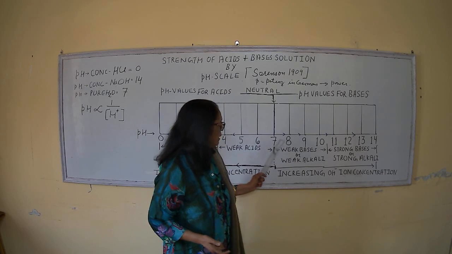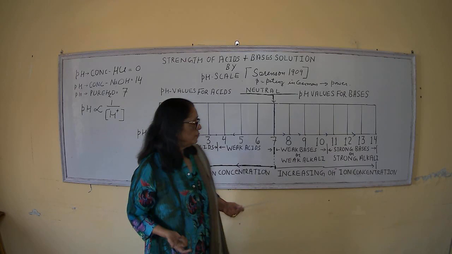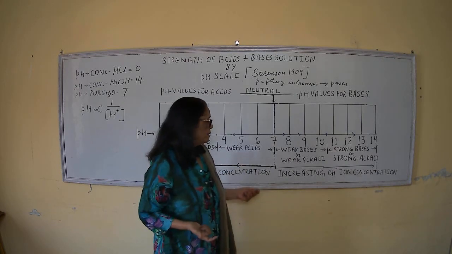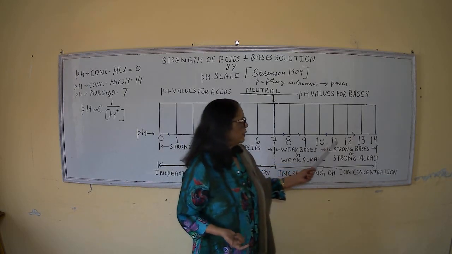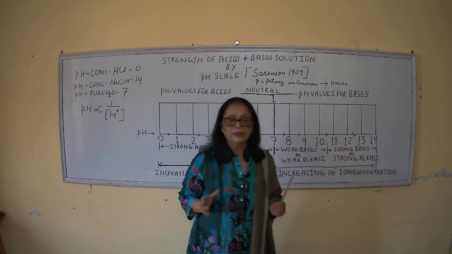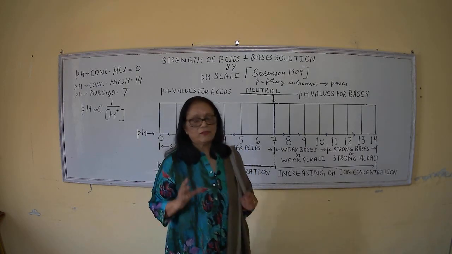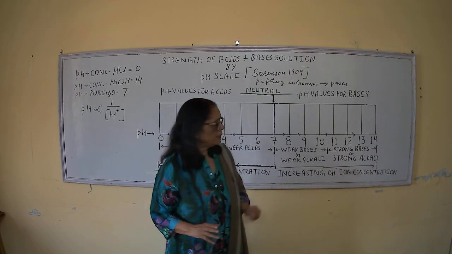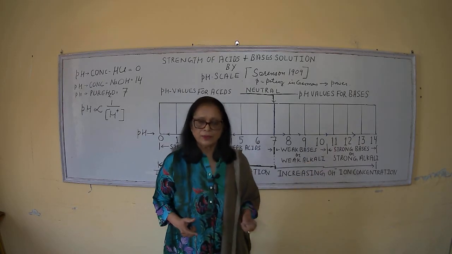From 7.5, 8 to 10.5 the solutions will be weak bases or weak alkali, and after that 10, 11, 12, 13, 14, the solution will have the highest strength of a base, that is the strongest base, sodium hydroxide, strong bases, strong alkali you can also say.